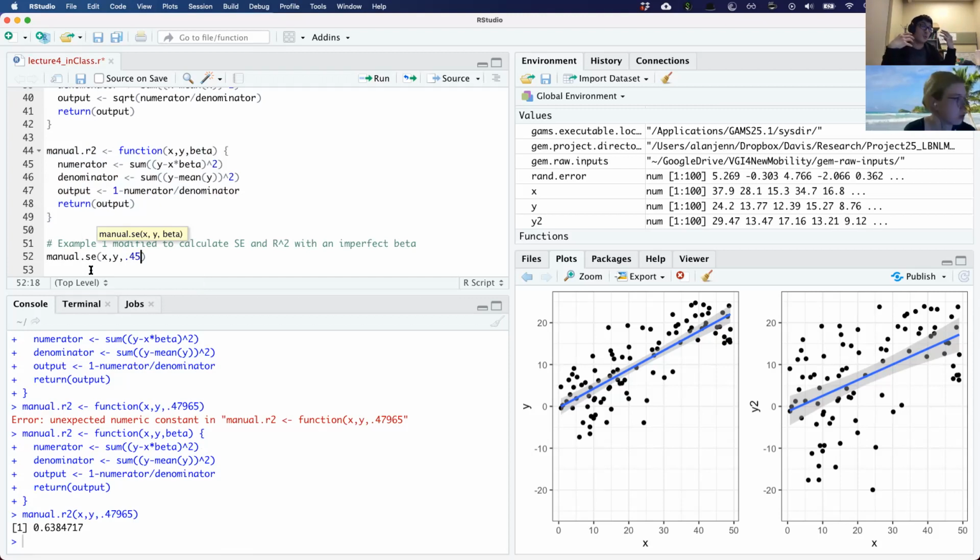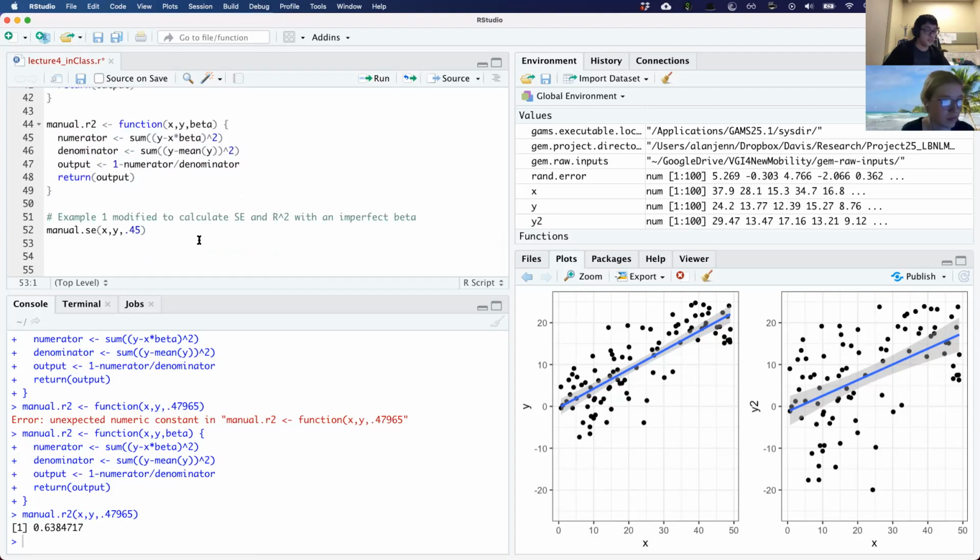And we actually know that the true value is 0.5, right? Because we've created our own function. And I'm also going to calculate the r². But again, here I'm going to replace the true value of beta, which again we know is 0.5, with 0.45.